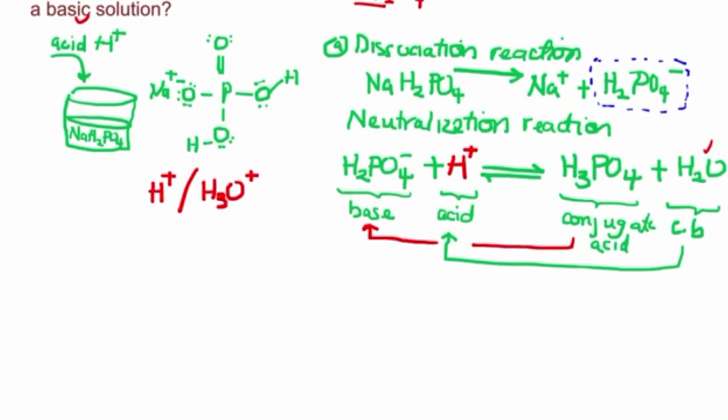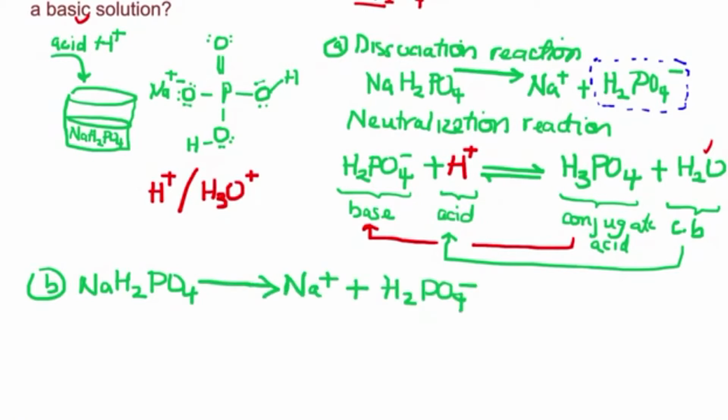First, we'll have our dissociation happening again. We have our sodium with 2 hydrogens attached to the phosphate right there, and we're going to have a direct dissociation. Then we perform the next reaction, which is a neutralization reaction, but this time this compound is subjected to the base, which we represent as OH minus.